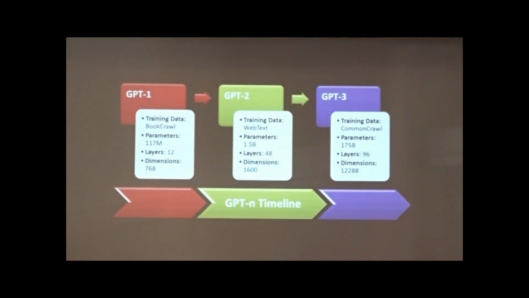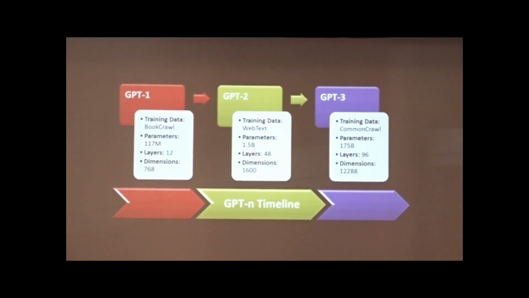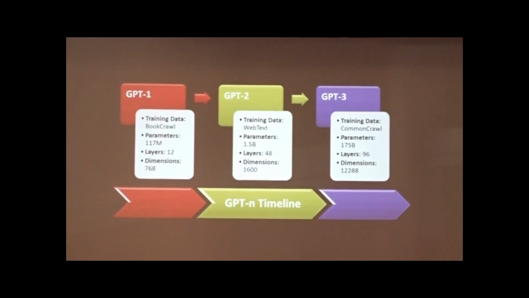If you want to see the GPT timeline, you can see GPT-1, which was trained on BookCorpus with 117 million parameters, 12 layers, and a dimension of 768. What is the meaning?